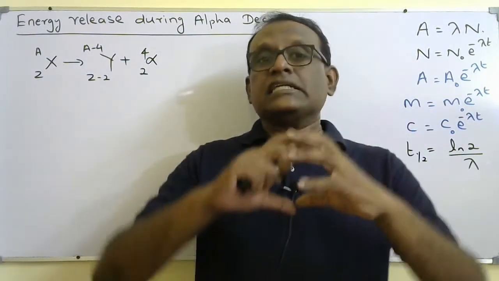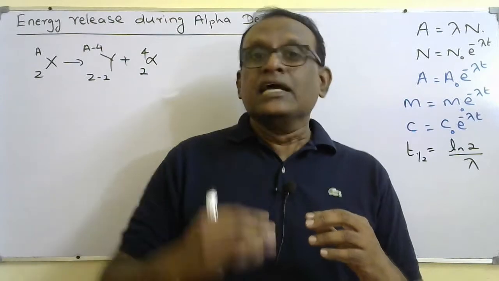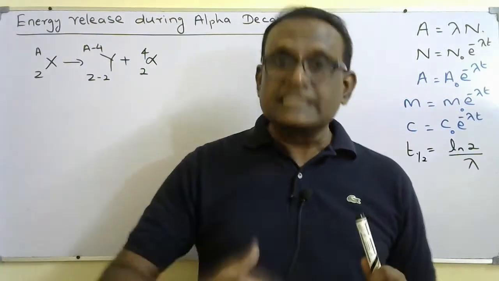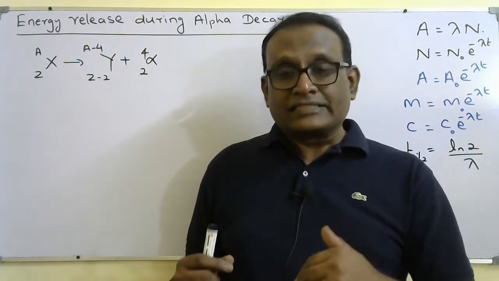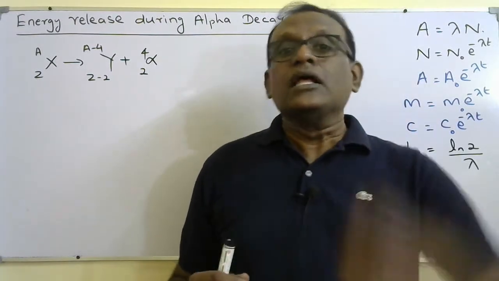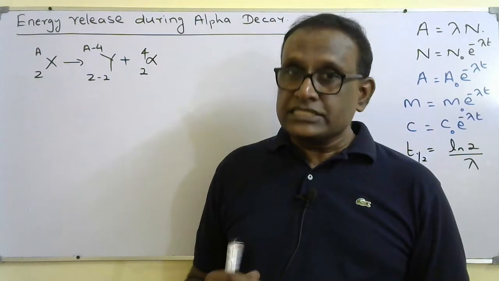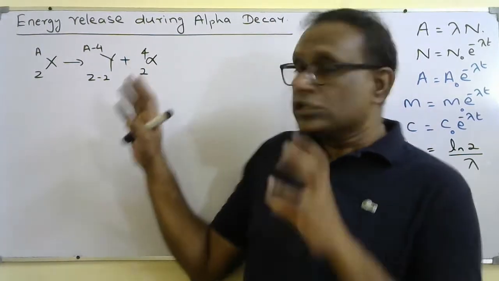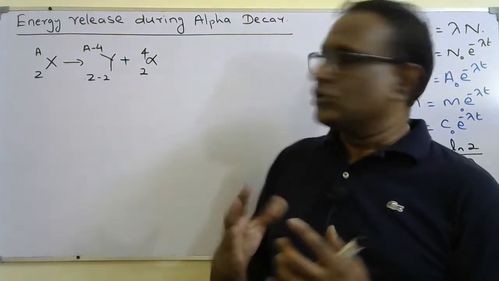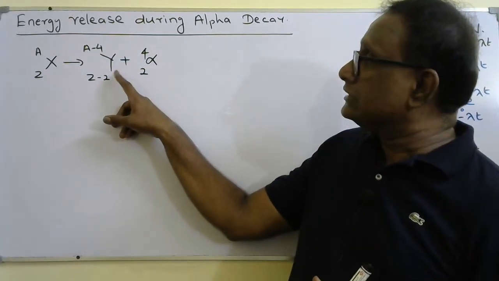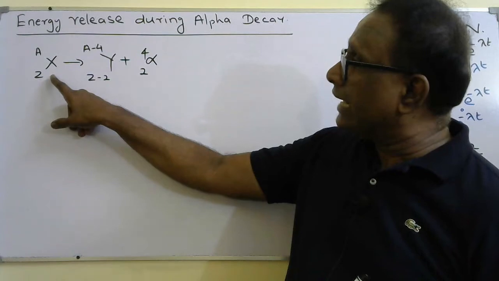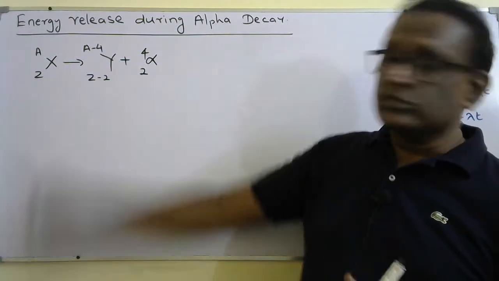There will be a change in the configuration of the energy arrangement of the nucleons inside the nucleus. So they'll try to get the lowest possible nuclear potential energy. Therefore, the total nuclear potential energy of the daughter nucleus will be lower than that of the parent nucleus. It's not in the syllabus, but I'll tell you anyway.